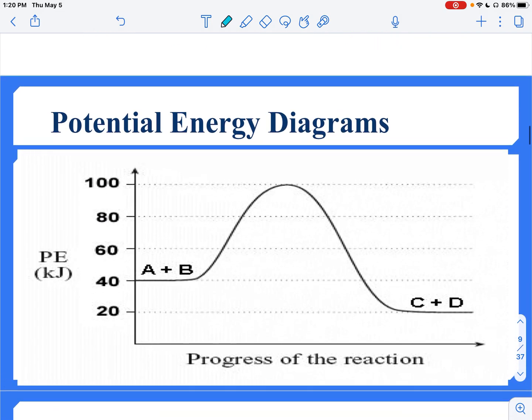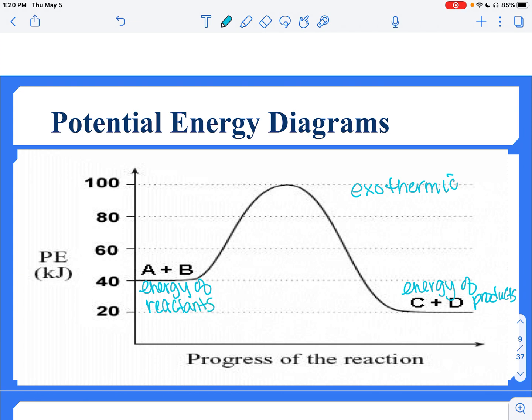Now let's take a look at an exothermic one. This is exothermic, and you can see that because the energy of the products is lower than the energy of the reactants. So that must mean that energy was released because we have less energy at the very end.